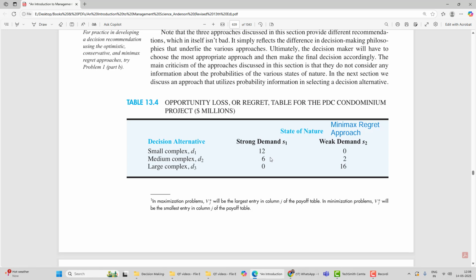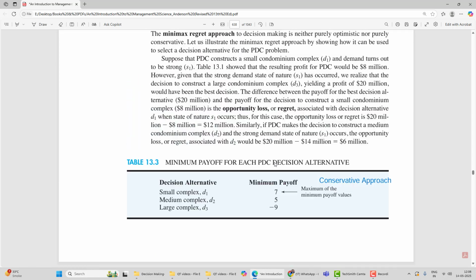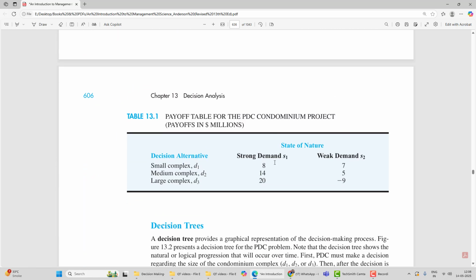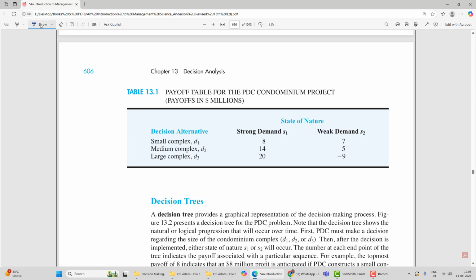If his decision is D2, then he would have got 14. So 20 minus 14 will be $6 million. For D3 it will be 0 million. Then weak demand. So in case if you want, I can just quickly calculate here for you. So see here, if I write here regrets, regret for this as well as regret for this, right?